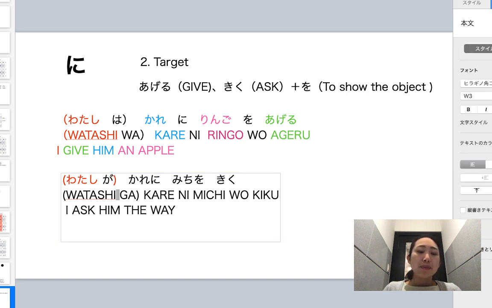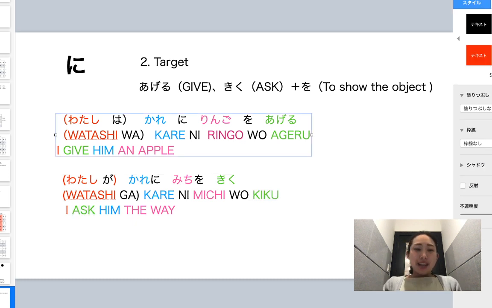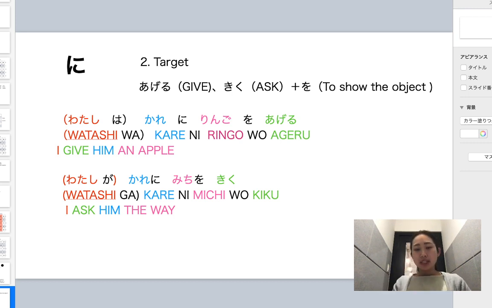私が, I. 彼に, him. 道を, the way. 聞く, ask. Okay, so it seems like 私が彼に道を聞く. 道 is the way. 聞く is ask and also listen and hear. 聞く, listen or ask.